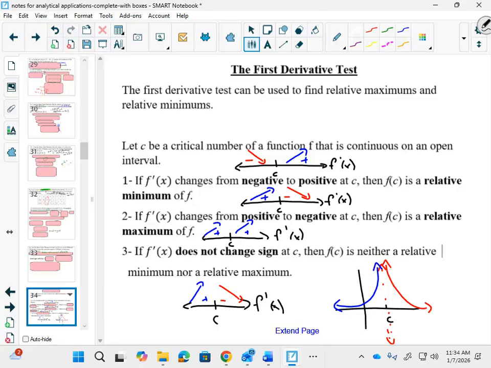Or I could have had my graph go like this. The blue graph is increasing until it gets to C, and then decreases afterwards. Does it have a maximum at this point?